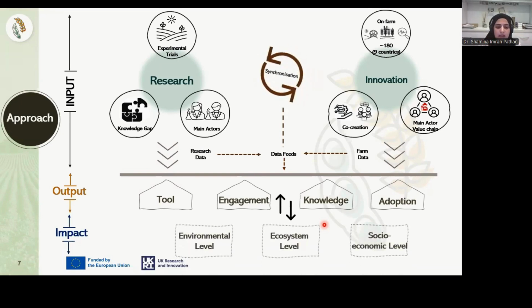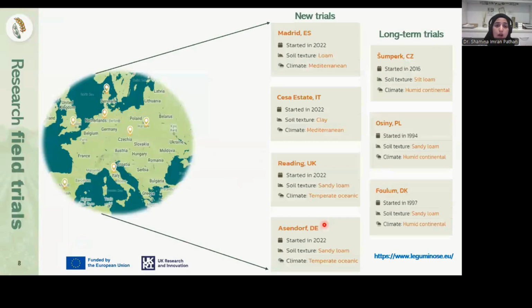These data will have an impact at different levels: environmental, ecosystem, and socioeconomic. So I'll show you some of the results we have until now from our research field trials, and also some insight from our on-farm trials. We already have 140 on-farm trials with farmers in different countries.